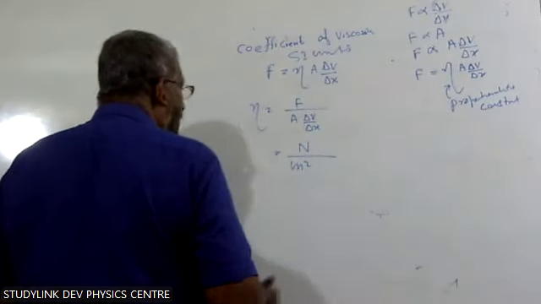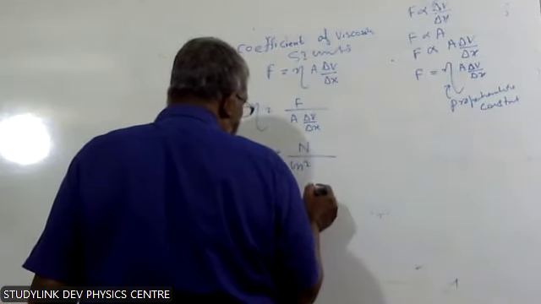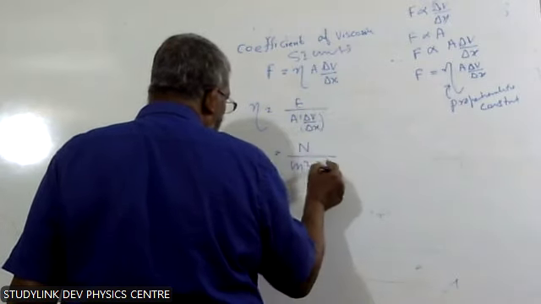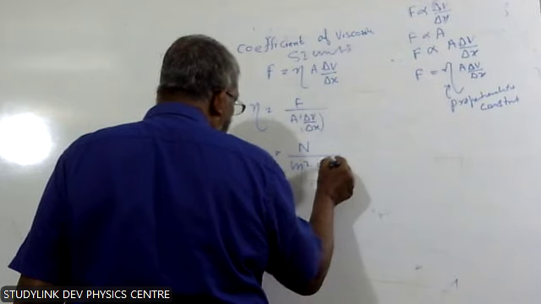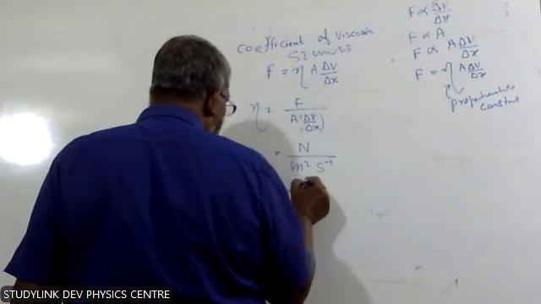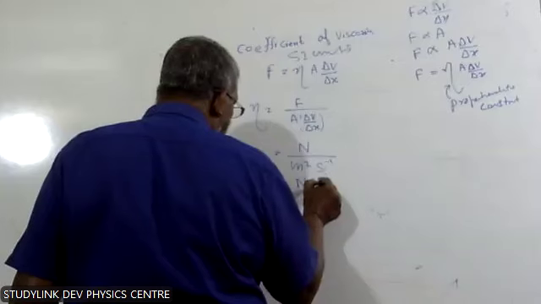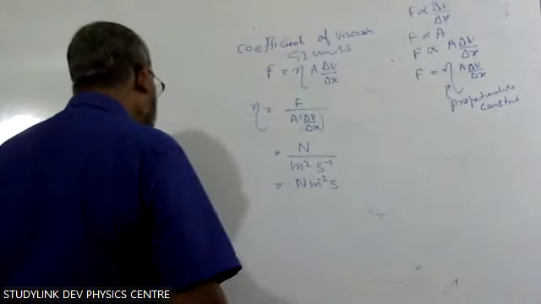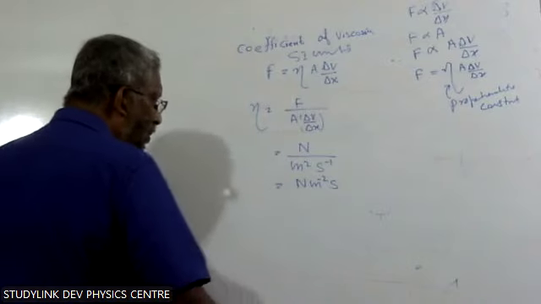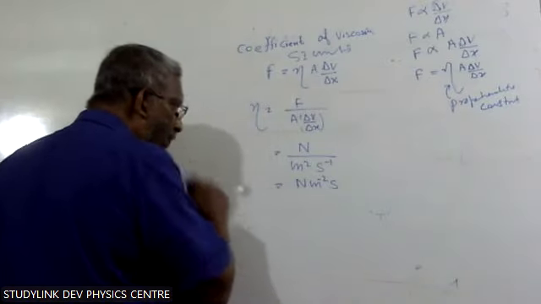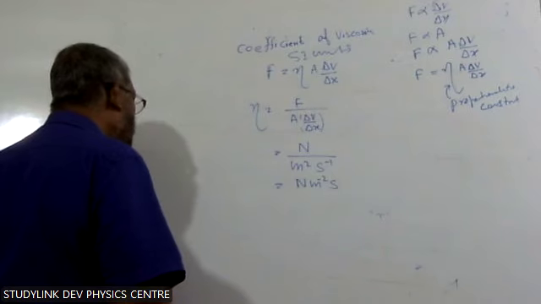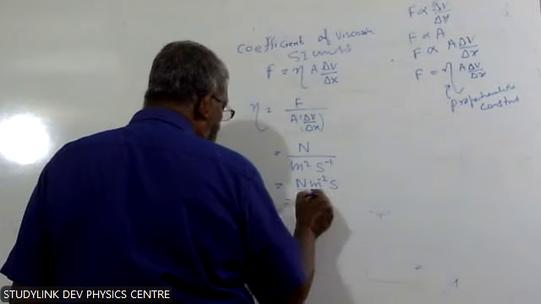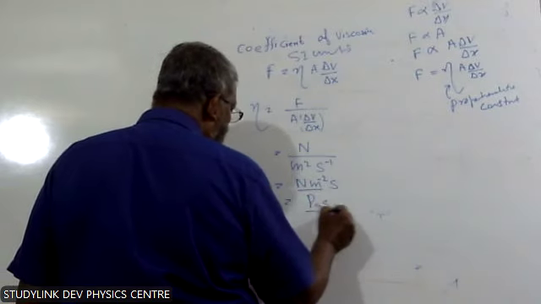Delta V over delta X, if you consider it separately, earlier we got this as s^-1. So this is Newton per square meter second, or Newton per square meter is Pascal, so Pascal seconds.